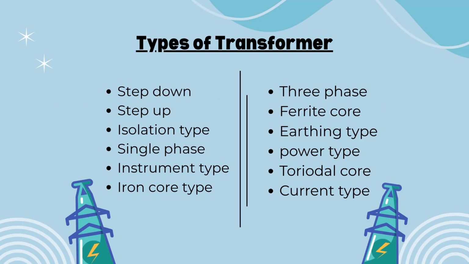And next are the types of transformer. First is step down, second is step up, isolation type, single phase, instrument type, iron core type, three phase, ferrite core, earthing type, power type, toroidal type, and current type.